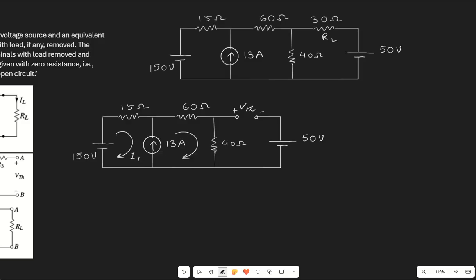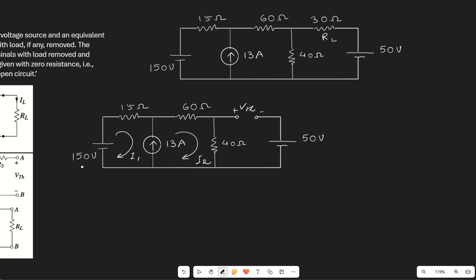Suppose they are I1 and I2, and since this terminal is open circuited, there will not be any current flowing through this terminal or in this loop. To determine I1 and I2, as you can see, this forms a super mesh, as we have a current source in between two meshes and there is no other current source in the outer loop. So we have to apply the super mesh procedure here.